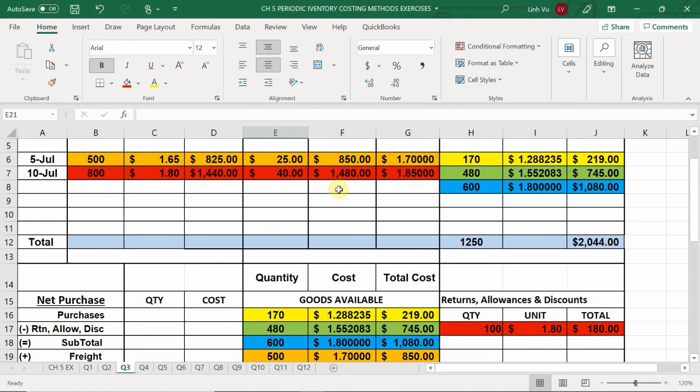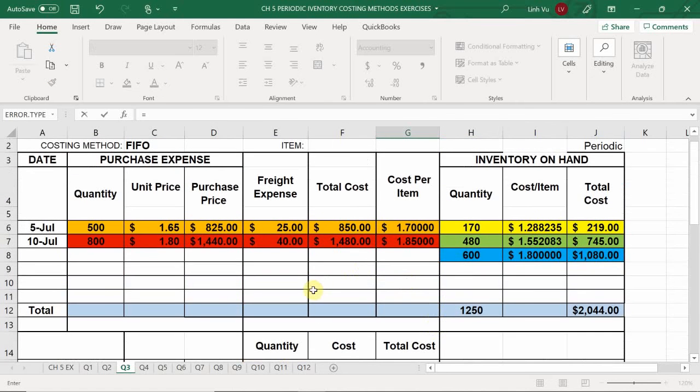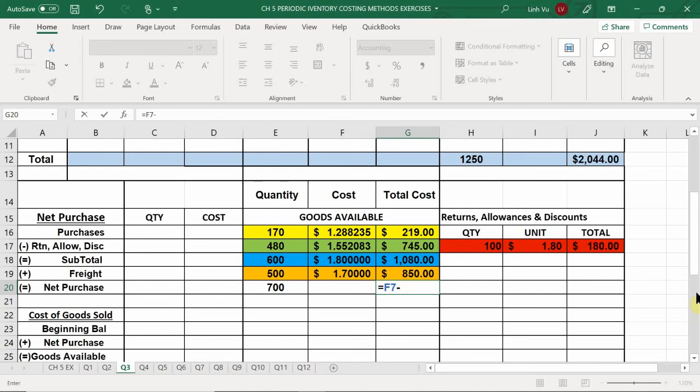Now, of course, because of my total cost, I end up getting a refund. So if I started out with 1480 and I end up getting a refund for 180, what's my new total cost? $1260.